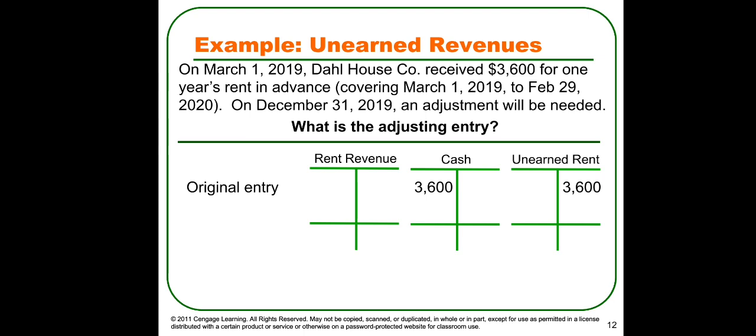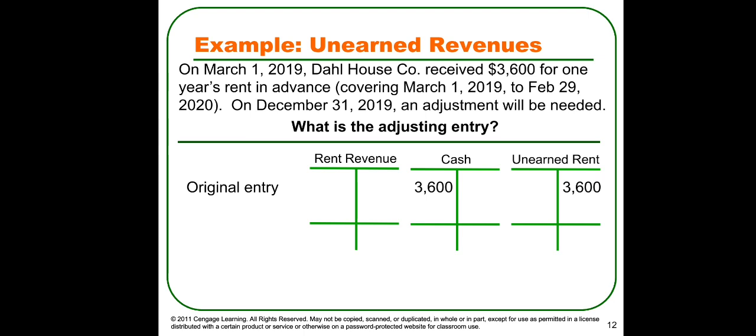Now the second thing that you have to do before you can do the adjusting entry is calculate how much of this 3,600 liability has become revenue in year 2019. The business closed its accounts on 31st of December 2019. See how many months have passed since 1st of March. March, April, May, June, July, August, September, October, November, December.